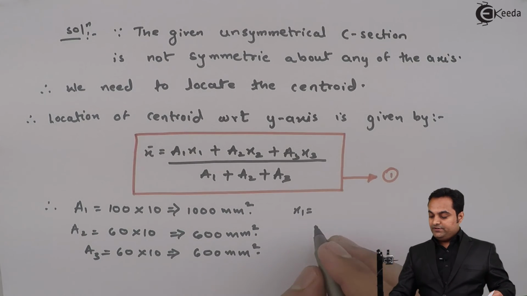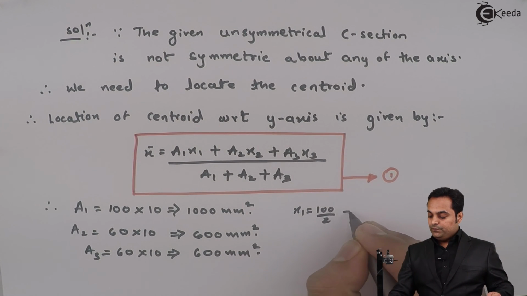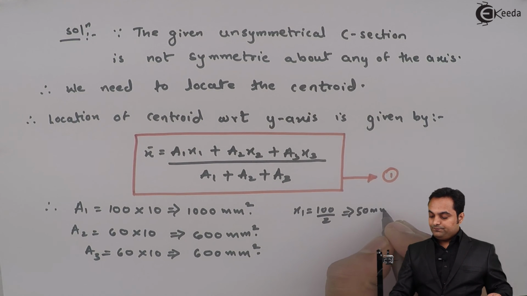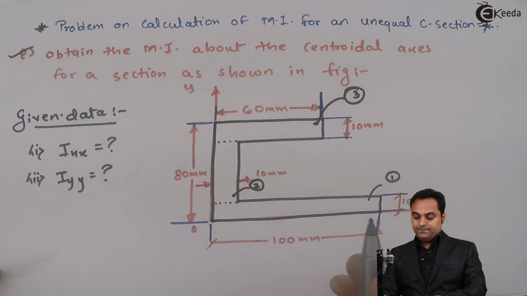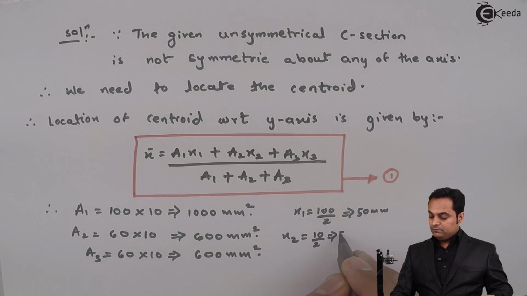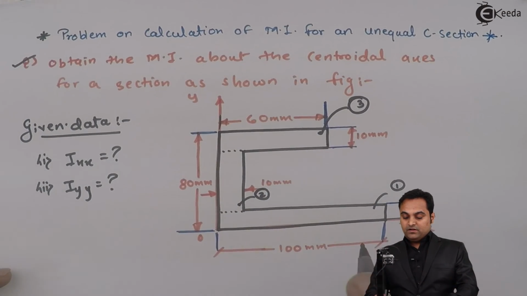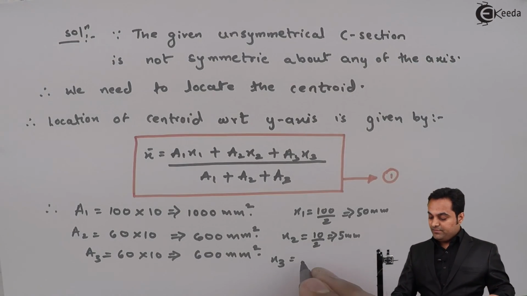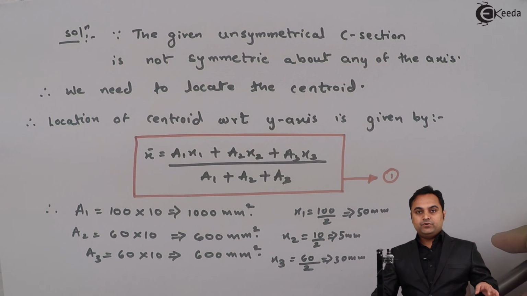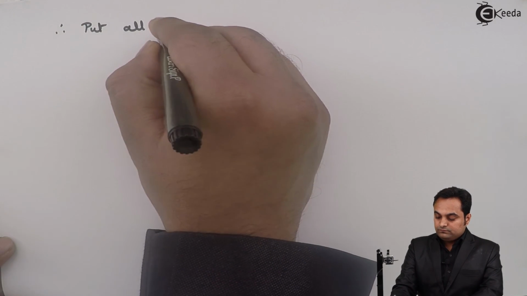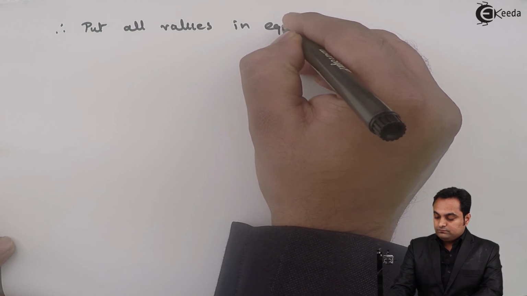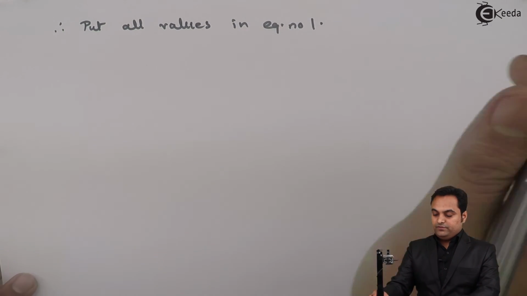So x1 is 100 by 2, that is 50 mm. x2 is half of 10, 5 mm. x3 is half of 60, that is 30 mm. So we need to put all values in equation number 1.